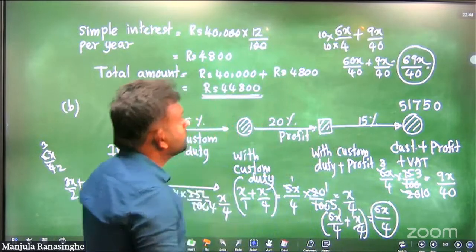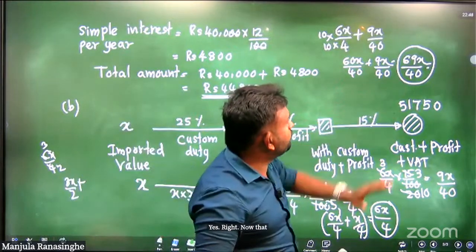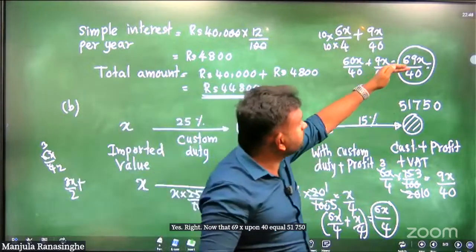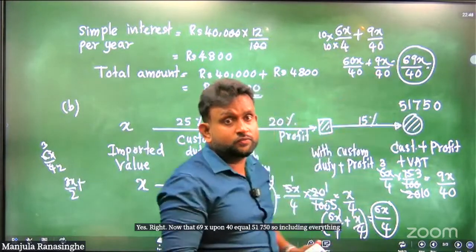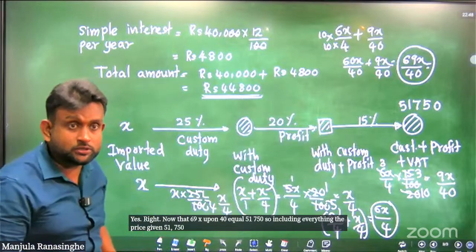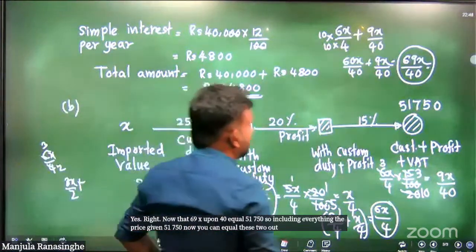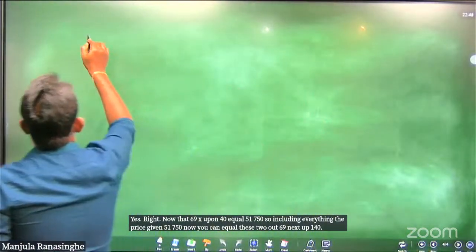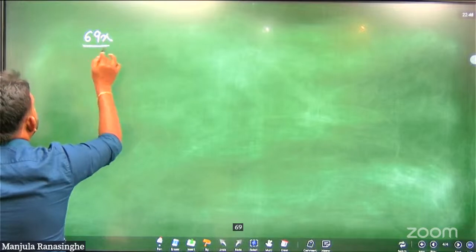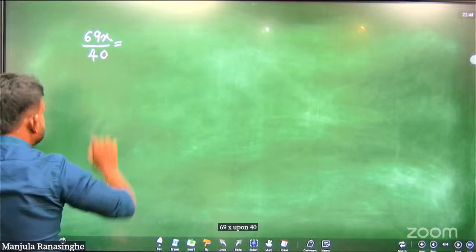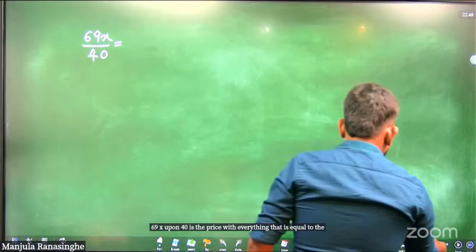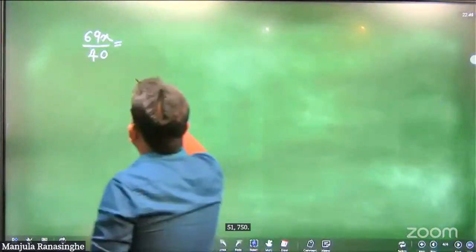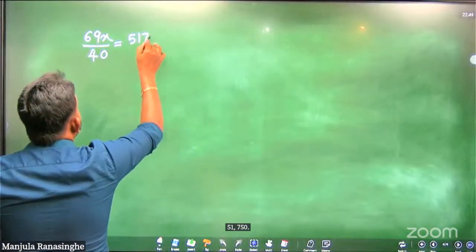Right. Now that 69x upon 40 equals 51,750. So including everything, the price given is 51,750. Now you can equate these two. How? 69x upon 40 is the price with everything, that is equal to 51,750.